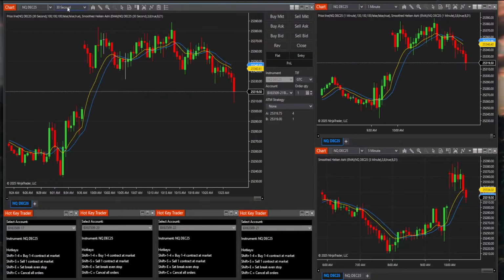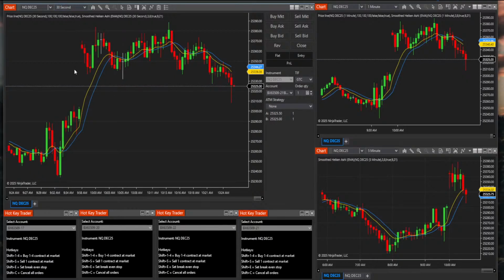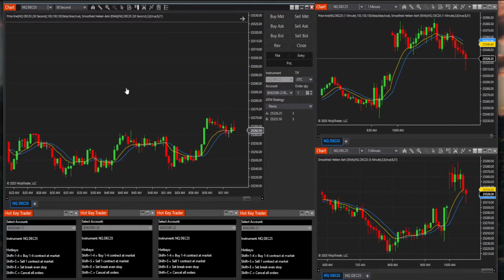It goes off the 30-second. And these lines right here are the smooth Heiken-Ashi 30 seconds. So what I do is I take a 30-second Heiken-Ashi and then I smooth it out with an EMA line, and then it goes off of there. That's the line. Now, the triggers that I use, that's a little different.